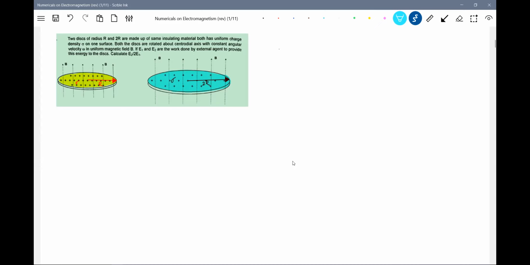On its own, can it rotate? First of all, no, it cannot rotate. The external agent has to rotate it here. So how much work should I do? Why should I do work to rotate? On its own the disk cannot rotate, so I have to make the disk rotate.